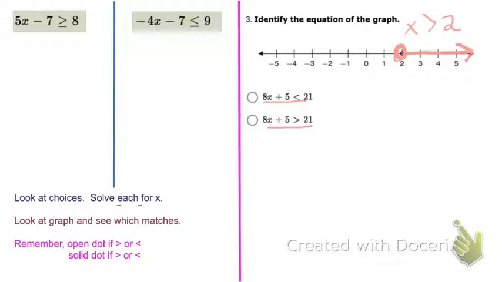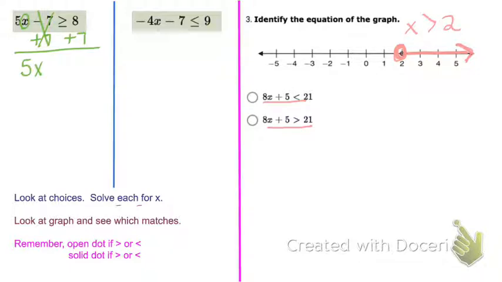So all you're doing is solving those inequalities. I'm going to go over an example here on the left. When you solve inequalities, it's just like solving an equation. You're moving things away from the variable. You always move what's added or subtracted first. So first I'm going to add 7. The difference with inequalities is that if you have to multiply or divide by a negative number to solve it, then you flip the sign.